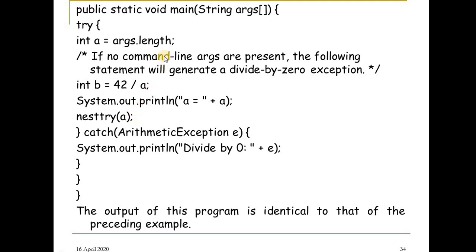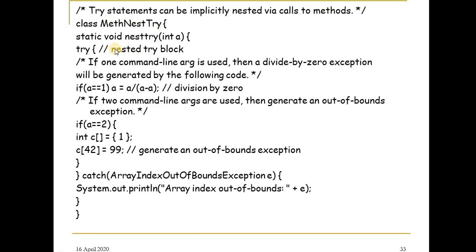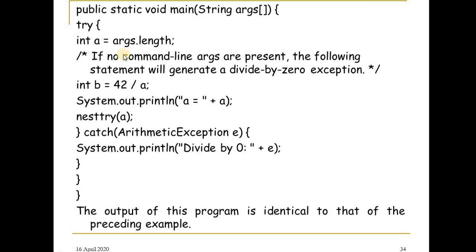Understand this program clearly. We know that in every class, the first method that executes is the main method. For the main method we have created a try and a catch block. In the main method, if the value of a is 0, then we will generate a divide by 0 exception. In that case the remaining part of the try block will not be executed.